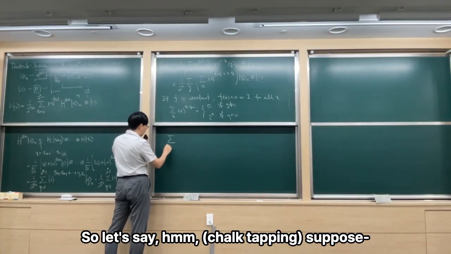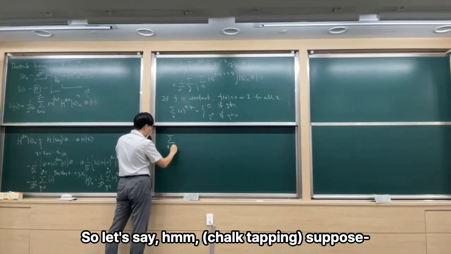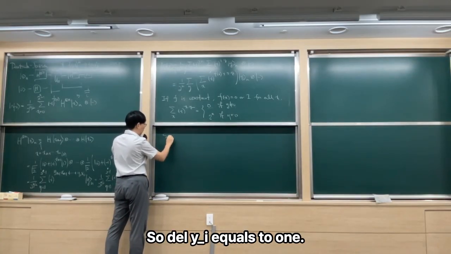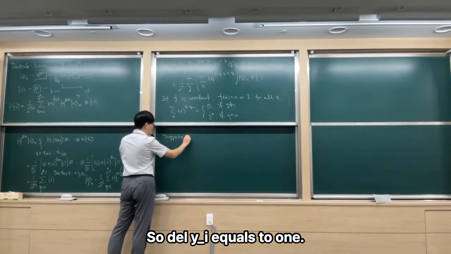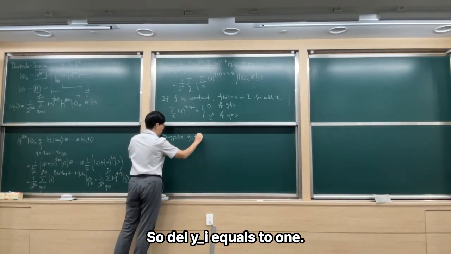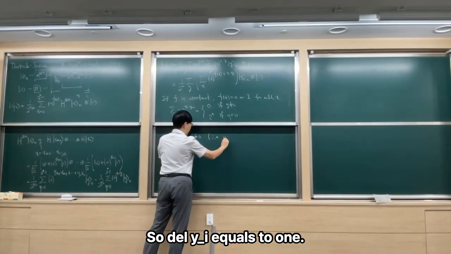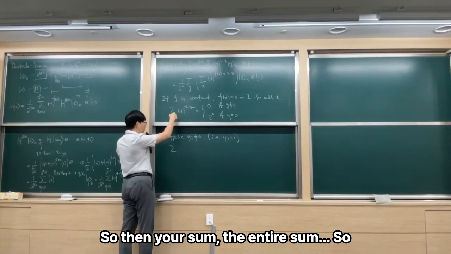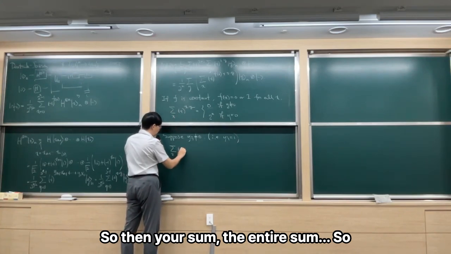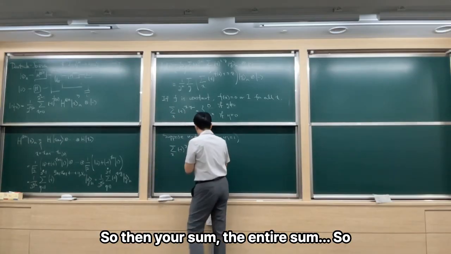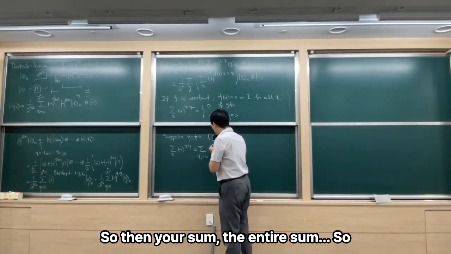So there are many ways to think about why this is 0. Suppose yi equals 1. Then the entire sum, split it into 2.